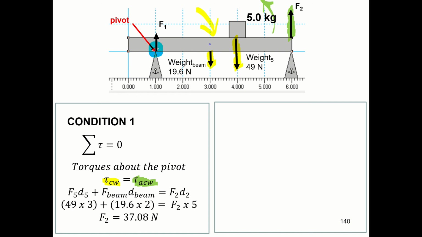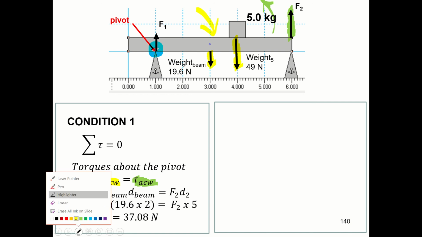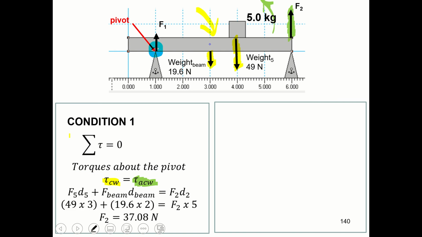Once we've got all of that, we can go torque equals force times distance for each of those things. So here we've got the force of the 5 kg, the 49 newtons, and we're going to multiply it by a number.